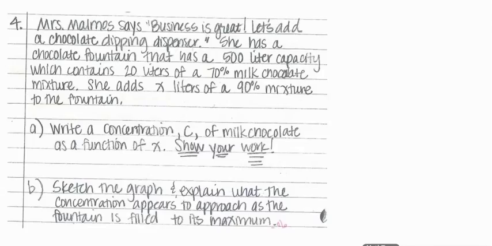Now, the problem says that I add x liters of a 90% mixture to the fountain. So what's happening here, just to give you an idea, is it already has 70% milk chocolate. I want to add a 90% milk chocolate mixture.